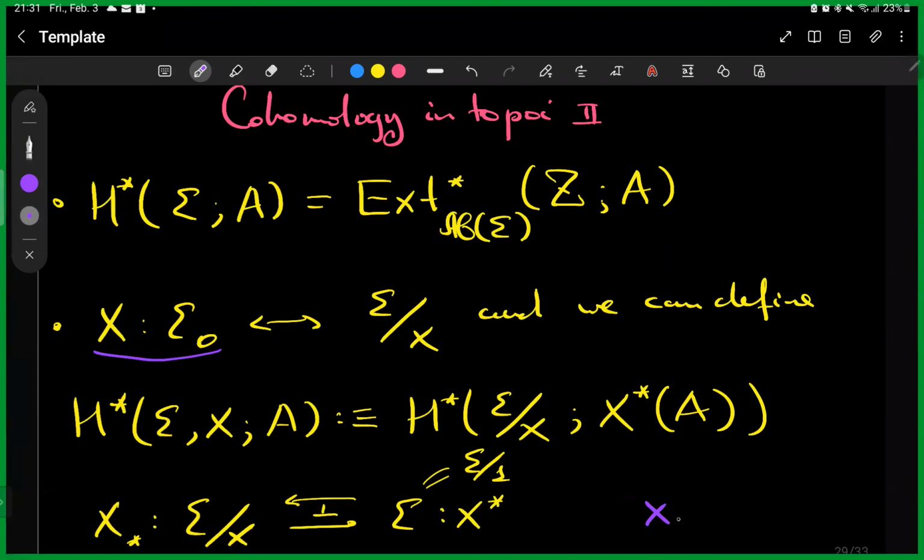So we have a morphism from X to 1, and for an arbitrary object of the topos, we can pull it back to an object over X. And so we have this adjoint pair, and we can define cohomology of this object with coefficients in A as just cohomology of this slice topos with coefficients in the pullback sheaf.